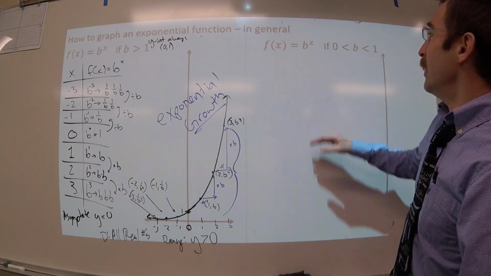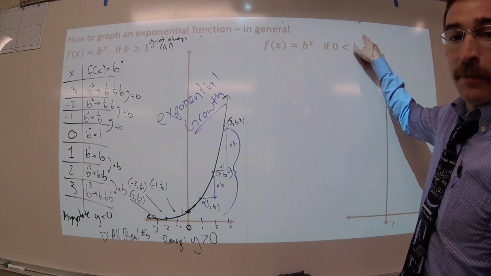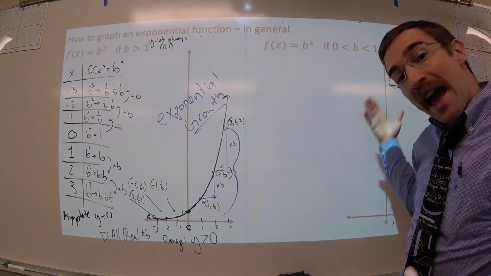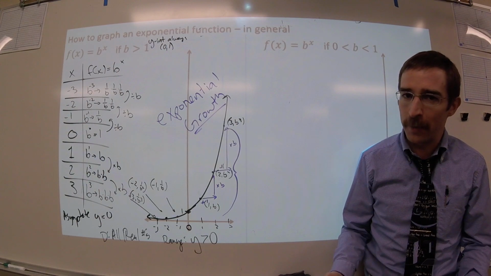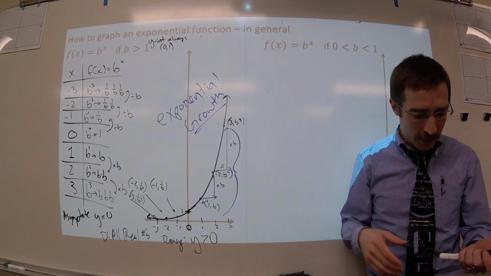All right, so we have b to the x, where b is between 0 and 1, so this is like a number like a half, or 0.1, or 0.6, or 0.9, or something like that. Some number that's positive, but between 0 and 1.